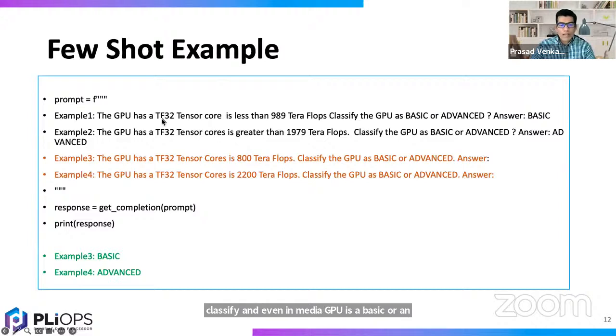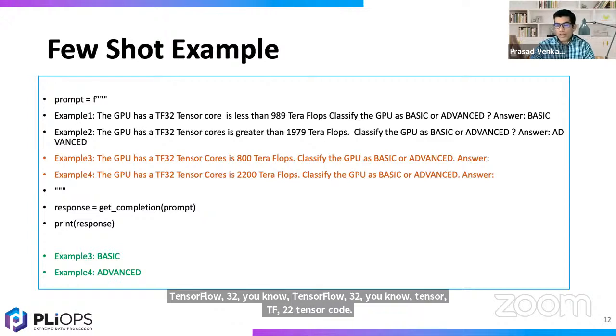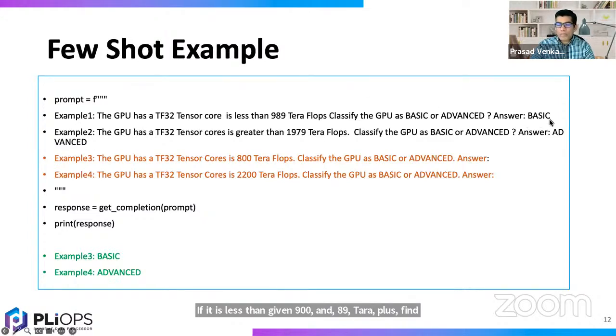Example one: TensorFlow 32, TF32 Tensor core. If it is less than 989 teraflops, classify that GPU as basic. I'm saying the answer is basic. Next, the GPU has 34 TensorFlow 32 tensor cores. It's greater than 1979. Classify that as advanced.